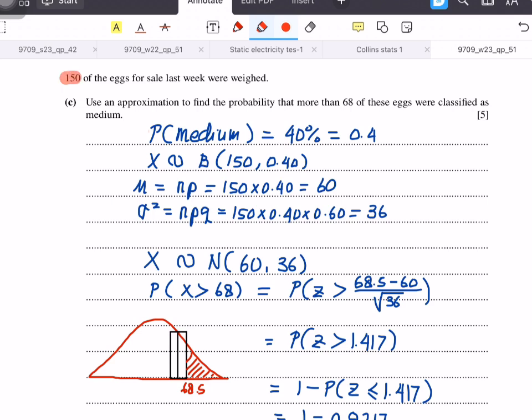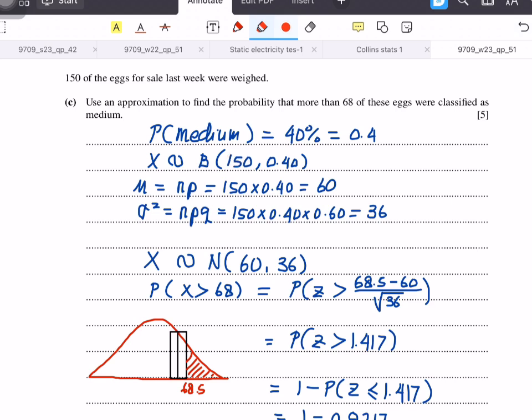And since here we have fixed number of independent trials, x follows binomial distribution with n 150 and probability of success 0.4.